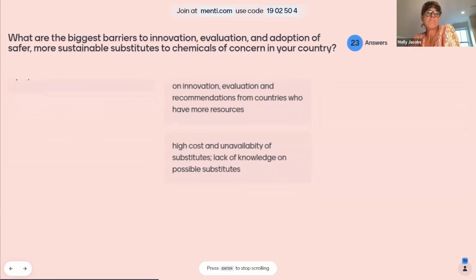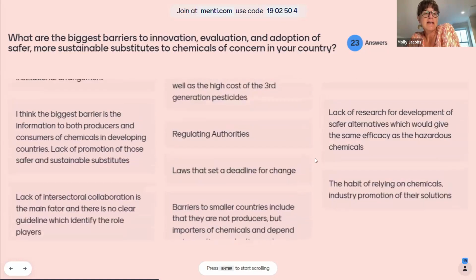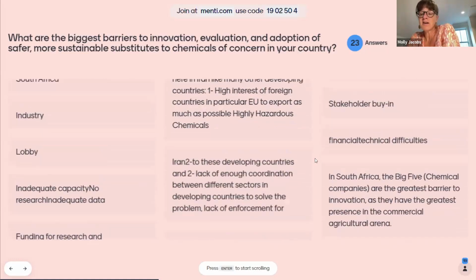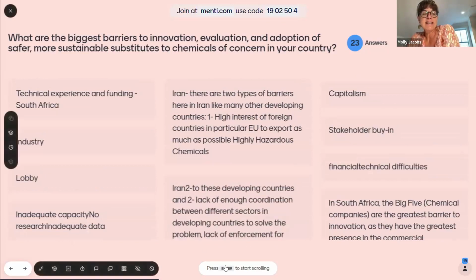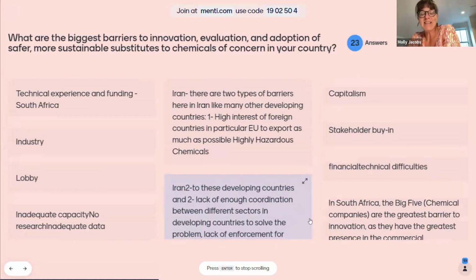I'm seeing, in the poll when we asked you all what you are experiencing as the biggest barriers, people are talking about the issue of intersectoral collaboration, and it's hard.